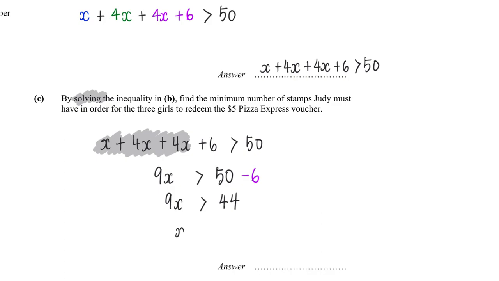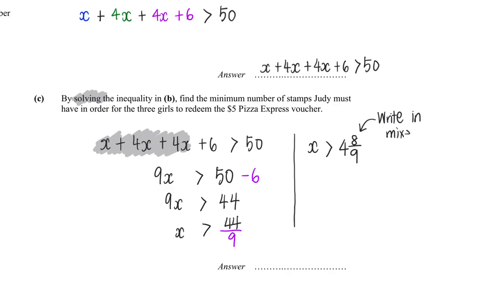So therefore, my x must be bigger than 44 divided by 9. So x must be bigger than 4, 8 over 9. Do write it in mixed number so that it's easier for us to compare. Okay?